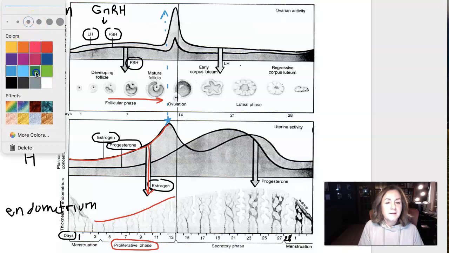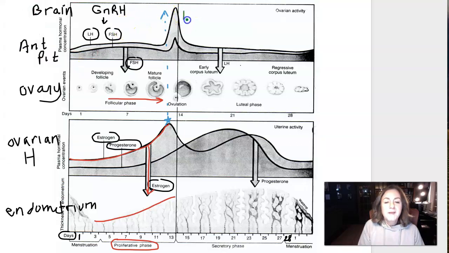And so it's LH now that takes the leading role. People call this the LH surge. As you can see, there's also FSH, but it's the LH surge that causes ovulation. I hope you can see how that works. The brain recognizes that there's a mature follicle based on the high estrogen level and releases an LH surge.